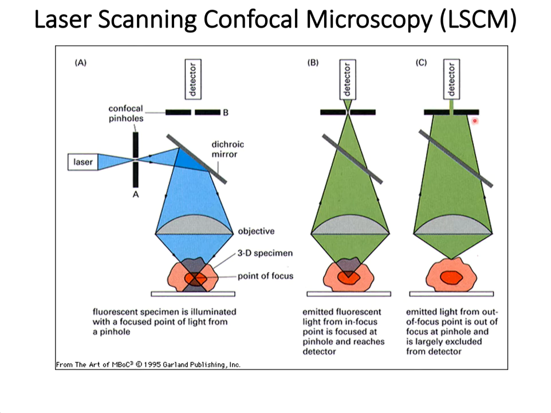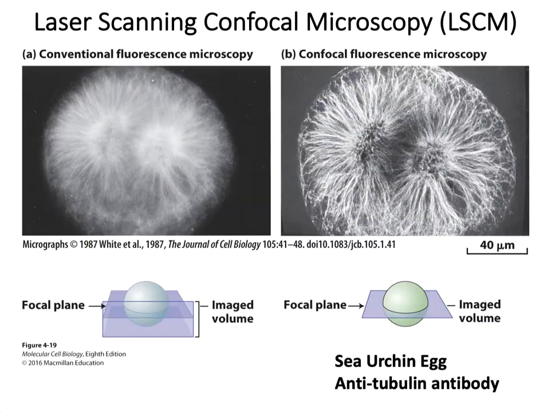all. In a standard fluorescence microscope, there is no way to reject the light emitted by the specimen from areas out of the plane of focus. So here is an example. This is a sea urchin egg stained with a fluorescent antibody, a fluorophore for tubulin.